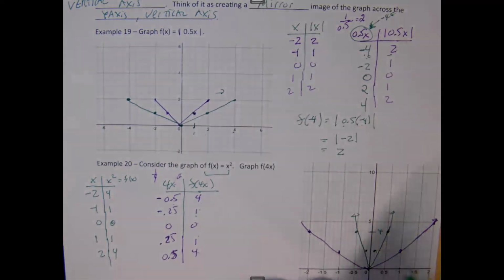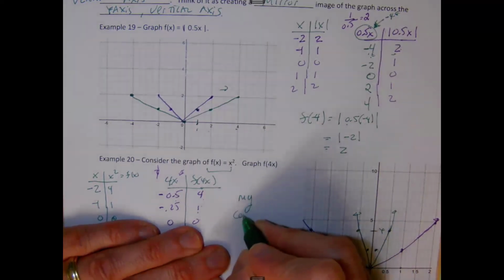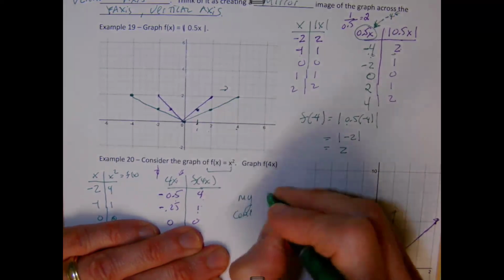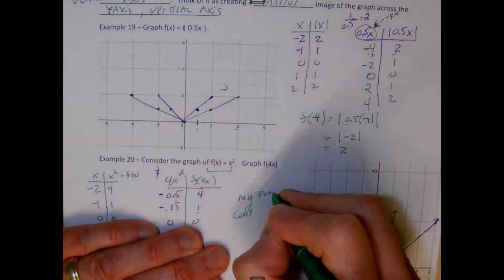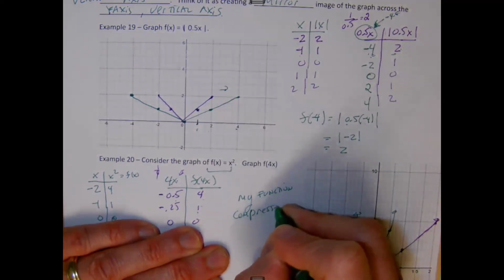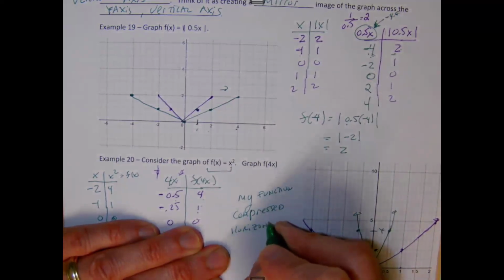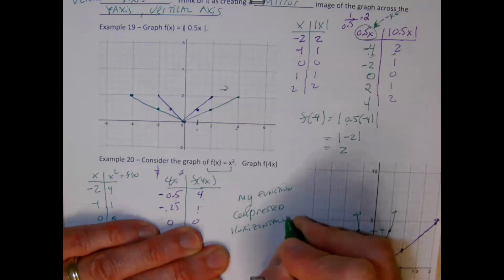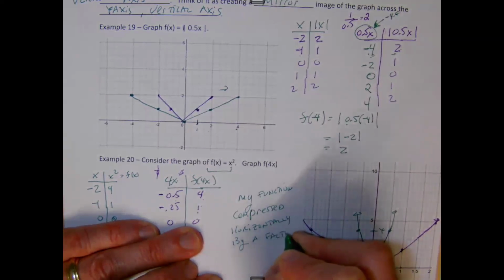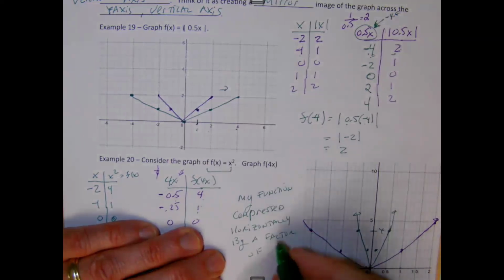And it's compressing. So it looks like my graph has compressed, or my function compressed horizontally by a factor of, well, what's it a factor of?